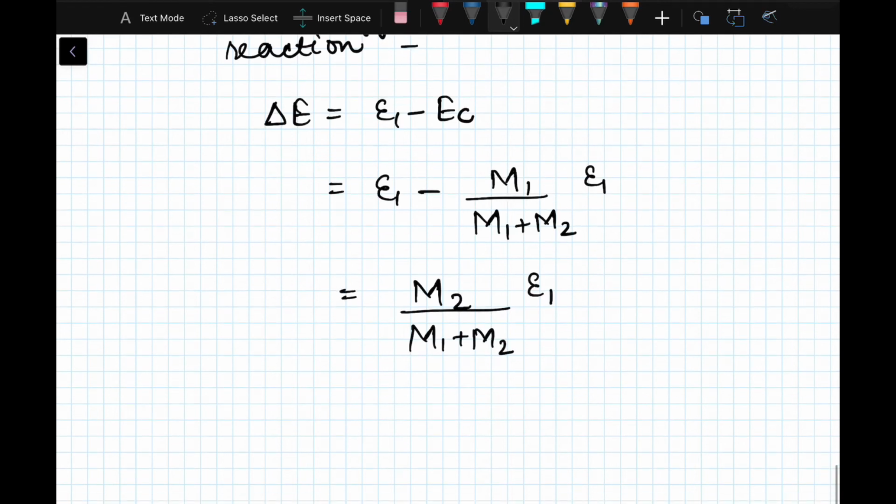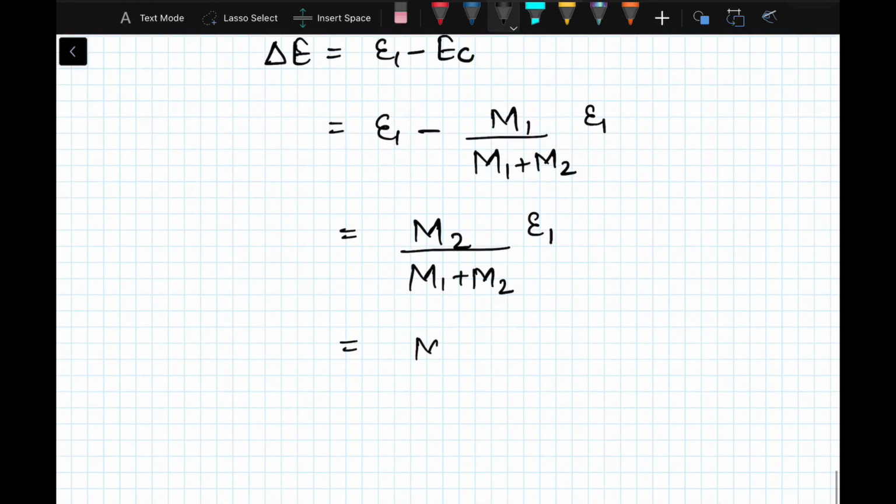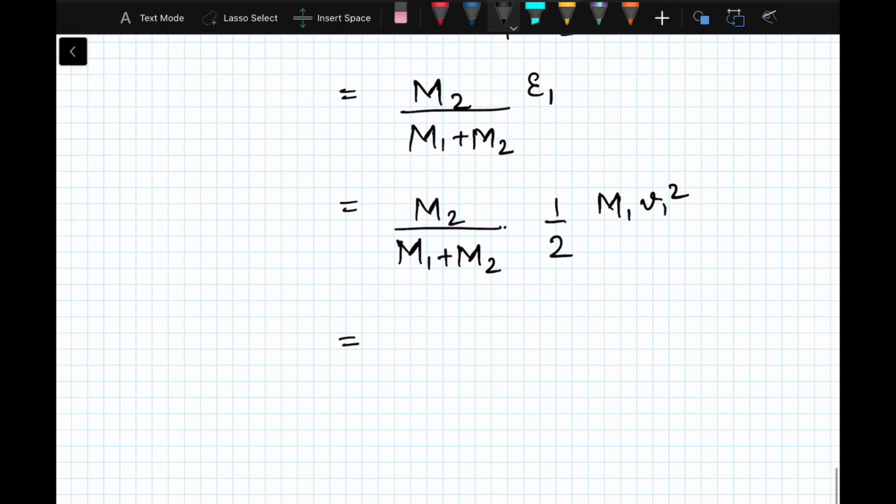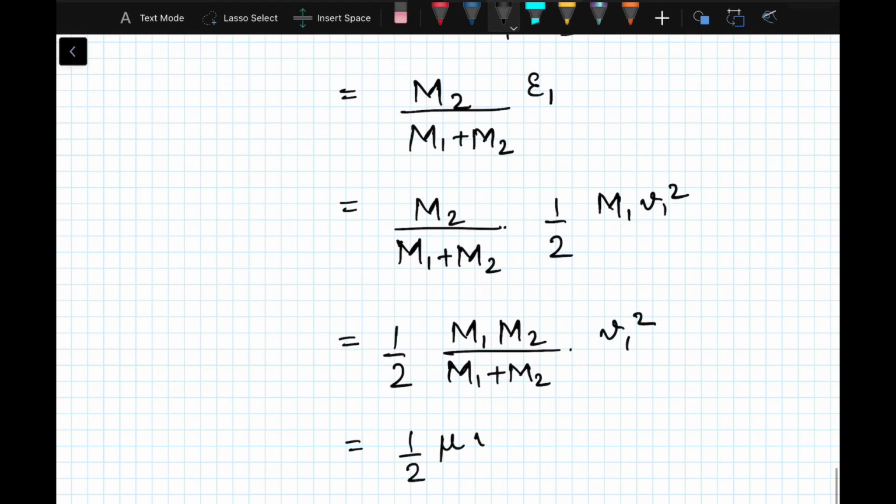If you put the value of E1 into it, you get m2 over m1 plus m2 times half of m1 v1 squared, and on rearranging the terms we get m1 m2 over m1 plus m2 times half of v1 squared, which can be written as half of mu v1 squared. So this is the extra energy available for any reaction to take place.